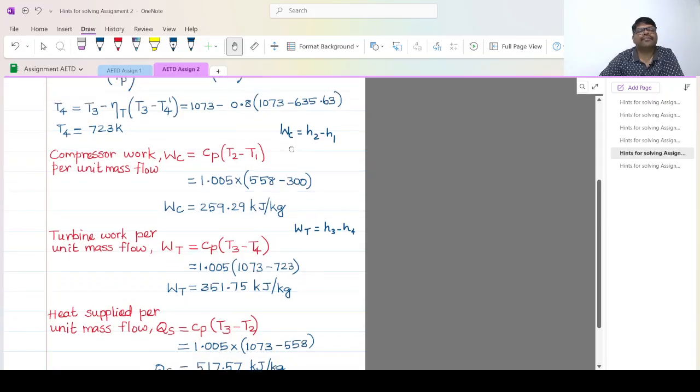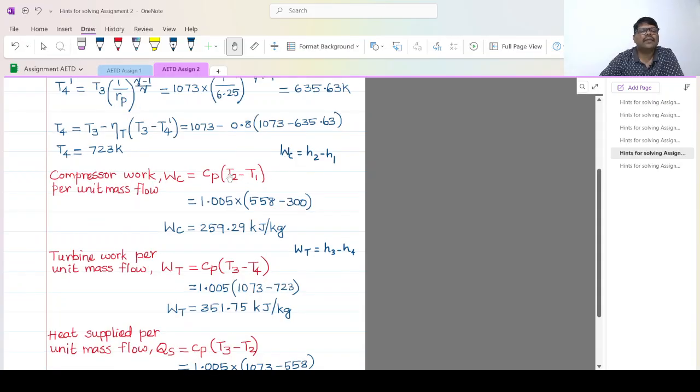So I can write the compressor work Wc as the difference between the enthalpy during the compression process 1 to 2. So that is H2 minus H1. I can rewrite H in terms of Cp and T. So H2 can be written as Cp into T2 and H1 can be written as Cp into T1.